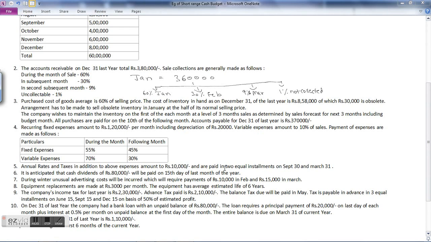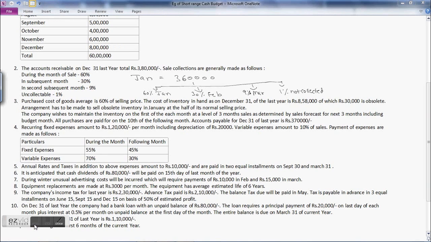Then fourth, recurring fixed expenses amount to rupees 1,20,000 per month, including depreciation of 20,000. Variable expenses amount to 10% of the sales. Payment of expenses is made as follows. Fixed expenses are 1,20,000, but out of that, 20,000 is depreciation, so cash recurring expenses are rupees 1 lakh.